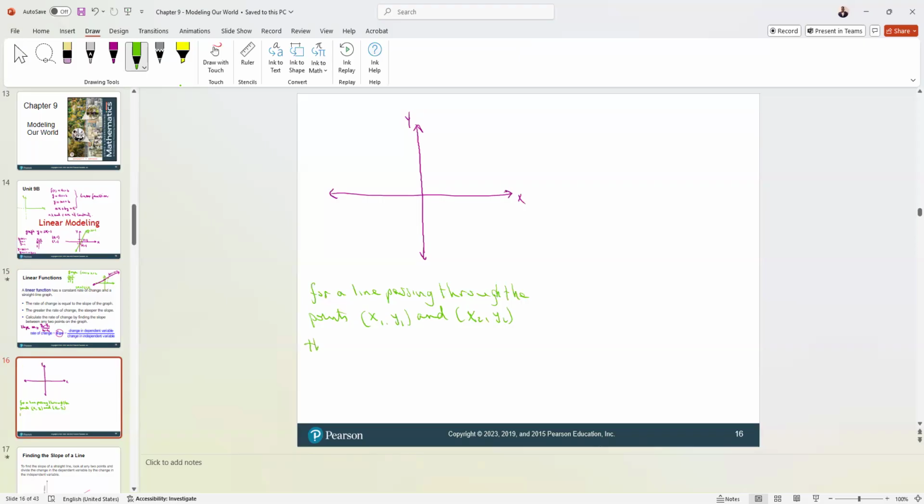The slope m of the line is given by the formula m equals Y2 minus Y1 over X2 minus X1.